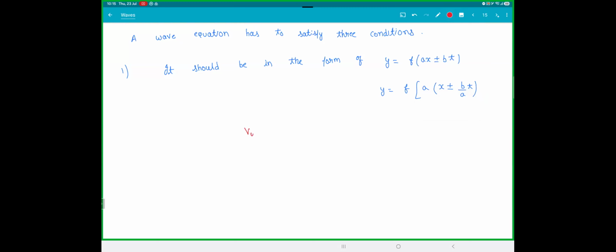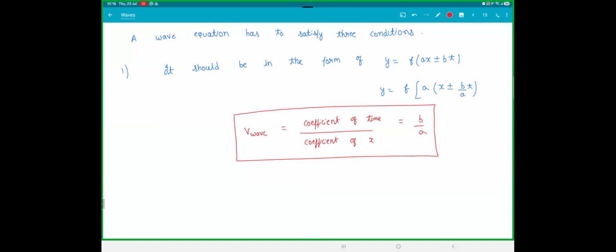So wave speed is given by coefficient of time by coefficient of x, b by a. Let me show you how they can frame it.